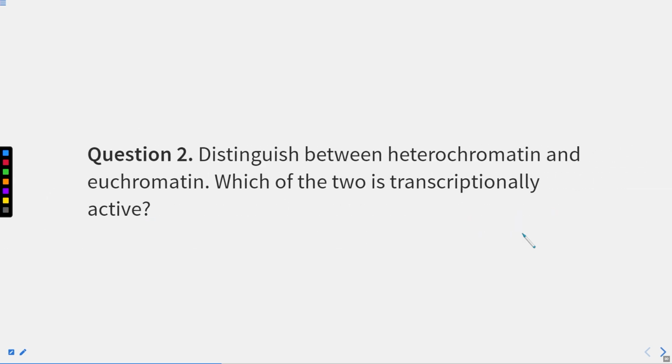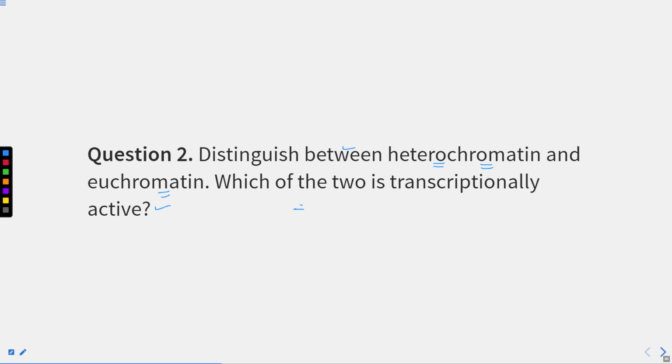Now let's talk about the second question. Here we have to distinguish between heterochromatin and euchromatin, and say which one of the two is transcriptionally active. Let's study first what is chromatin. Chromatin, you have already seen, is made up of nucleosomes. Nucleosomes are the structural and functional unit of chromatin. So how can we define chromatin?